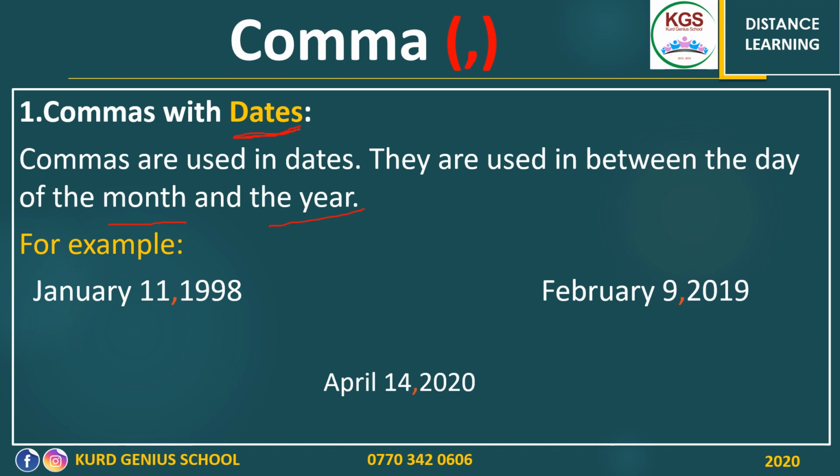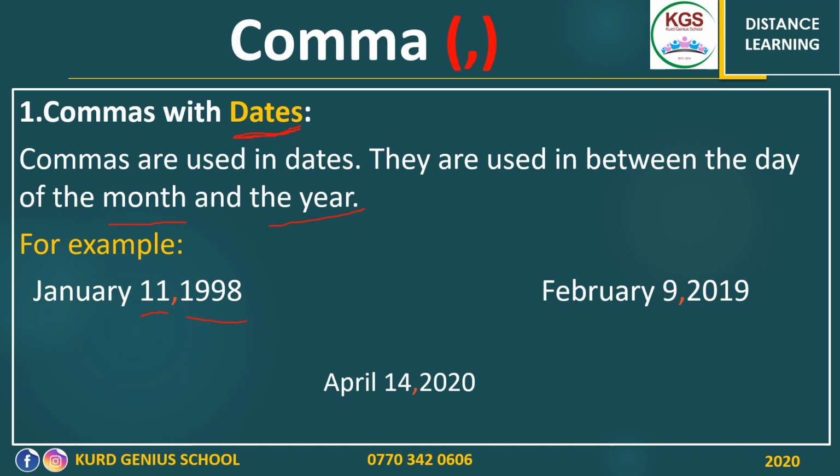As you see in the examples, the first one we have January 11, 1998. We put a comma in between the day of the month, which is 11, and the year, which is 1998.